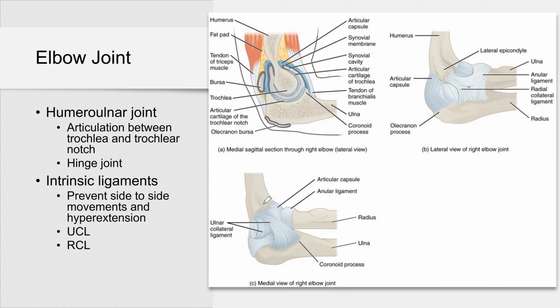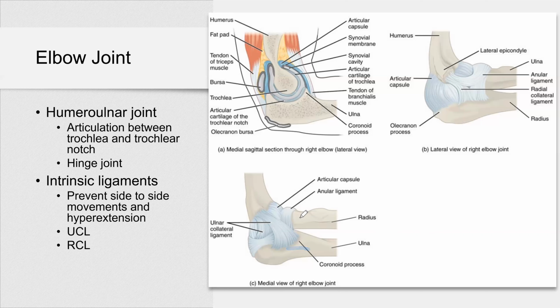Of course, we have several ligaments over here, intrinsic ligaments. We will look at them on the next slide. But in your elbow, we not only have flexion and extension, but we have rotation as well, medial and lateral rotation, and we have pronation and supination of your hand. And that movement is allowed because of the joint between radius and ulna.